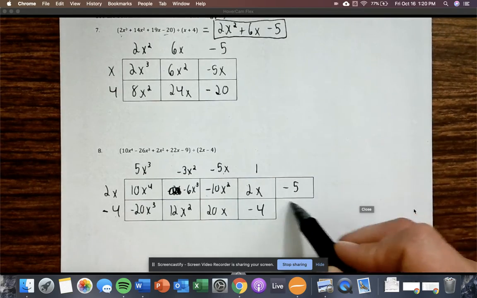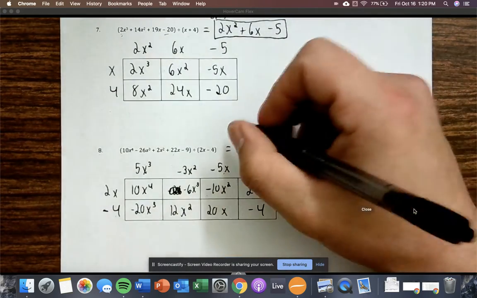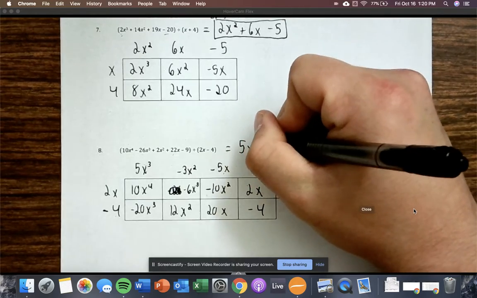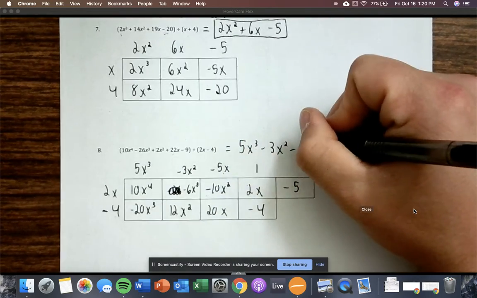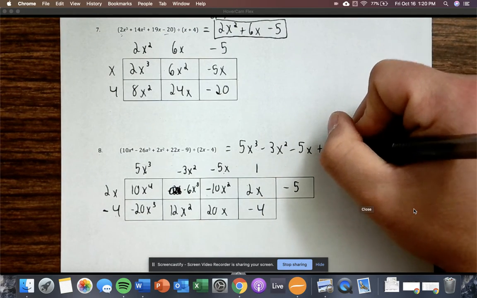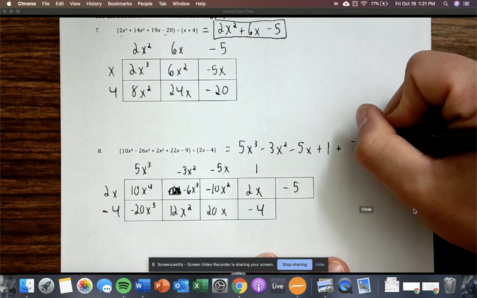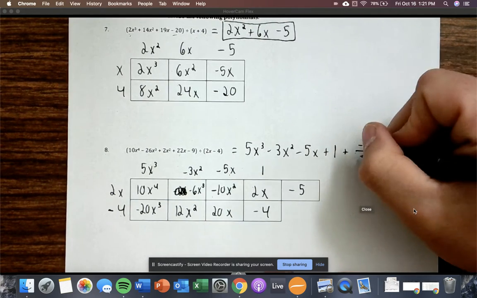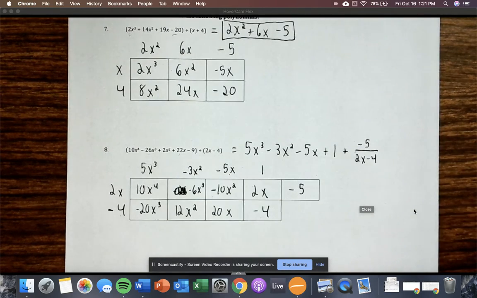So we can just write this as a remainder, and we write it like this. So we have 5x cubed minus 3x squared minus 5x plus 1, and that's going to be plus our remainder, which is negative 5 over 2x minus 4.